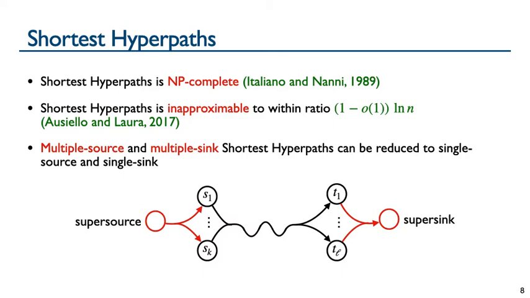Then, for the multiple sink vertices, T1 through Tl, we can do the same and connect them to a supersink by one hyperedge, which requires all sink vertices to be reached. However, if you only want to require that at least one sink vertex is reached, you can connect the sinks T to the supersink individually with ordinary graph edges.